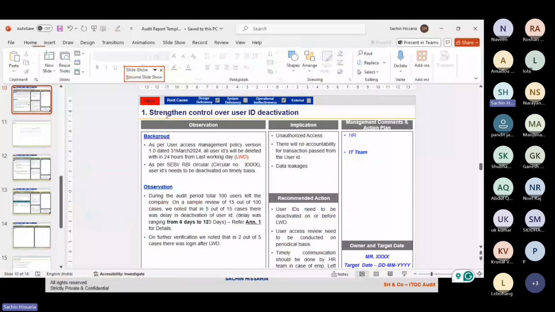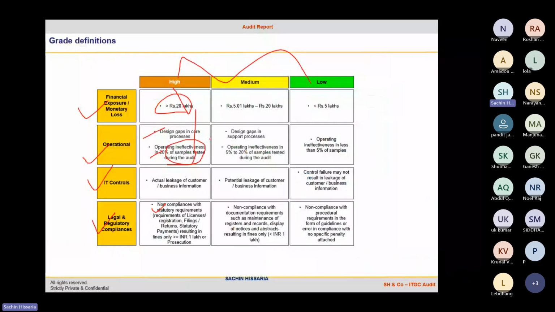So what I am trying to tell you here is, guys, each and every observation which you are rating, support that with the appropriate risk rating metrics. If somebody asks you why it is high, why it is medium, why it is low, you should have a ready answer: this is my definition matrix, this is my risk rating matrix. I have graded all the observations based on this risk rating matrix.